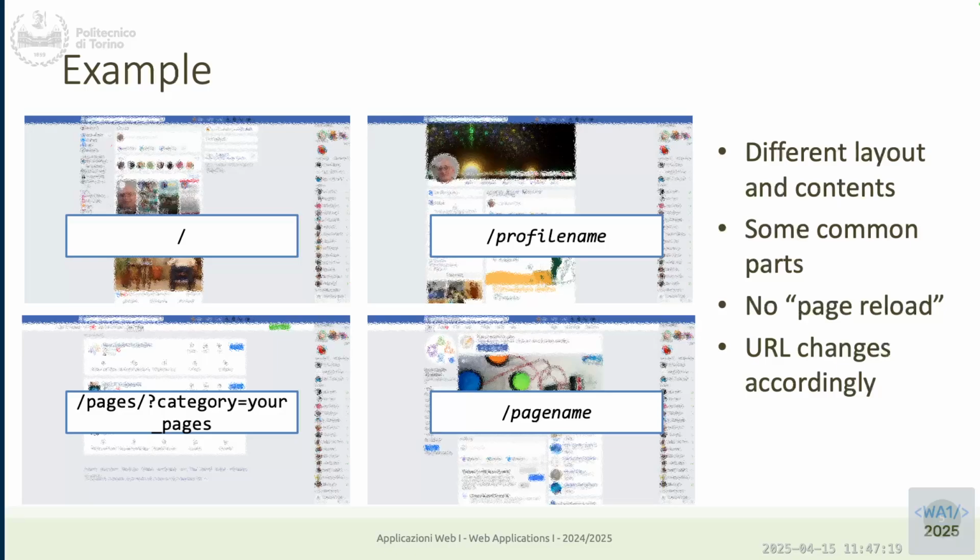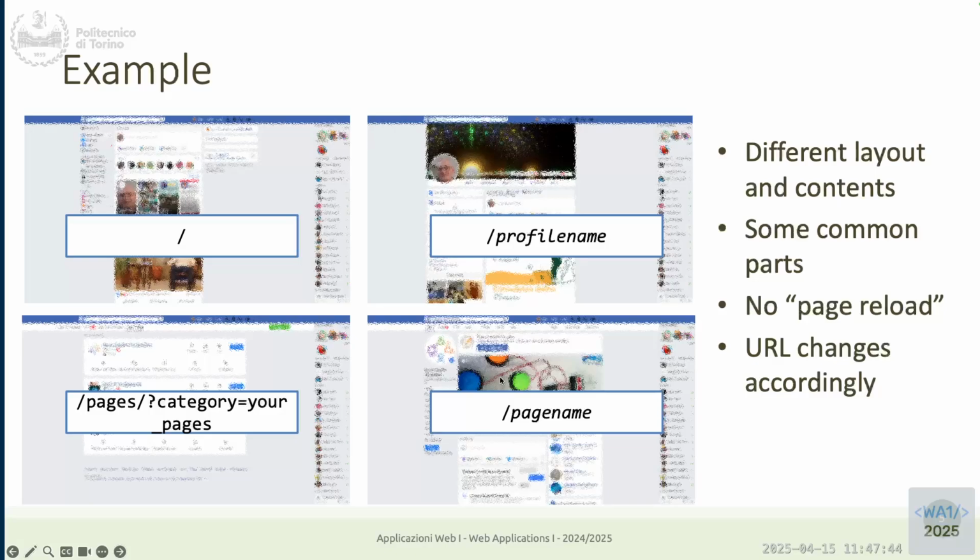We load the application only once, and when we change the URL by clicking on the links, the URL changes, and the content of the page is recomputed accordingly. Some parts are the same, so the top bar and the right bar, this is a very old layout, I don't even know whether it's still like this, are still the same, and some other parts are changing, of course.